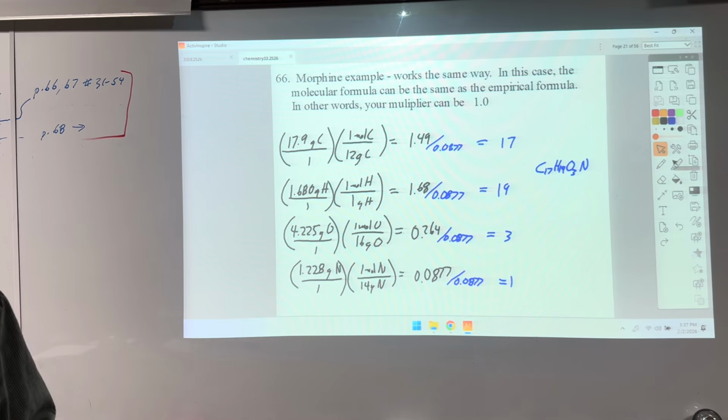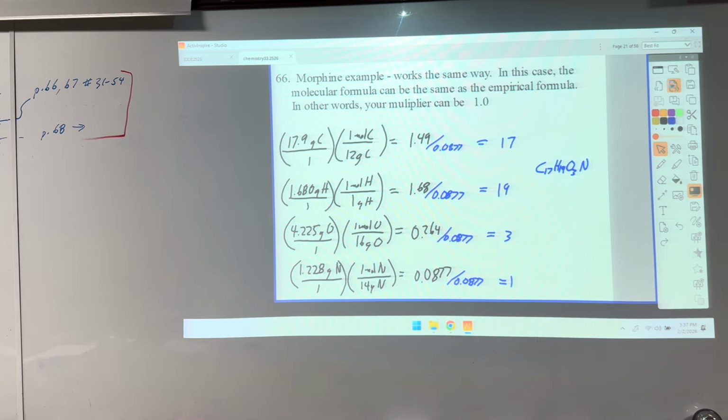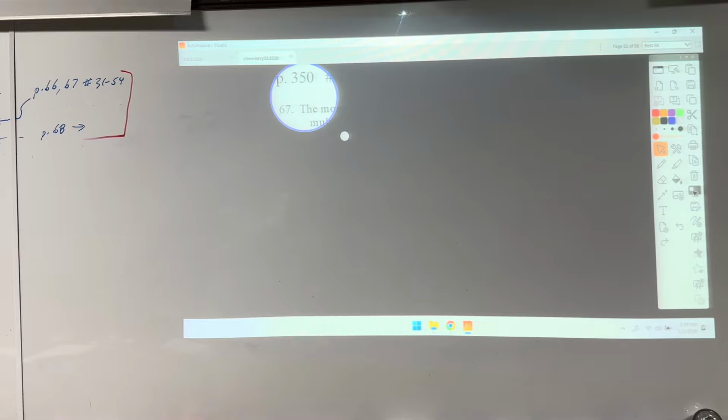All right, so number 67, section 4 review, page 350. A classmate tells you that the experimental data shows a compound's molecular formula to be 2.5 times its empirical formula. Is he correct?